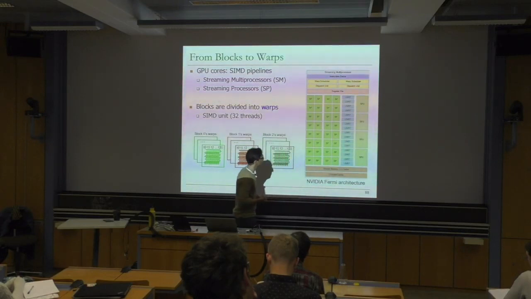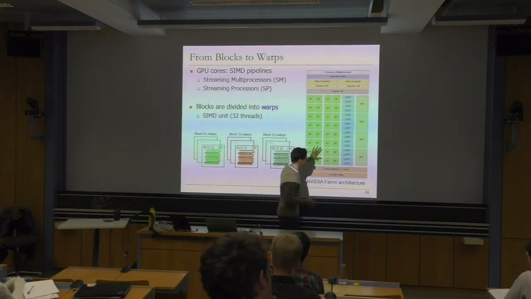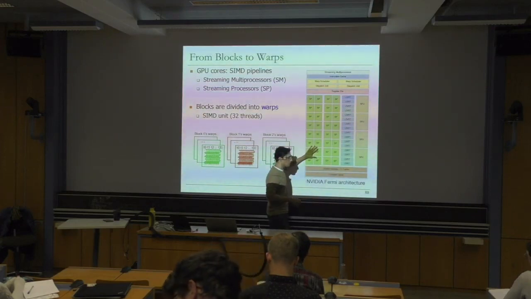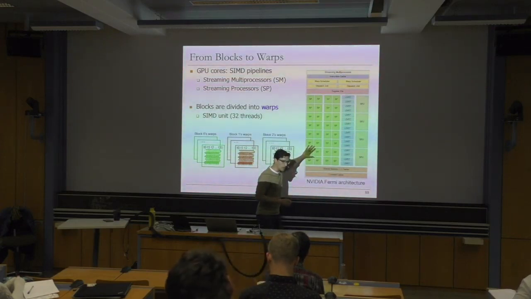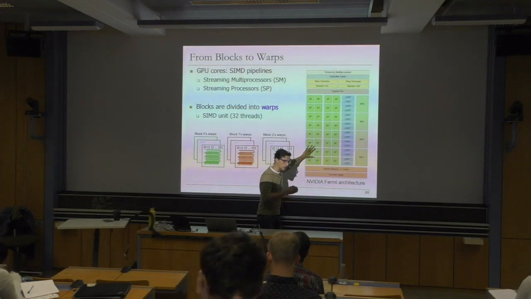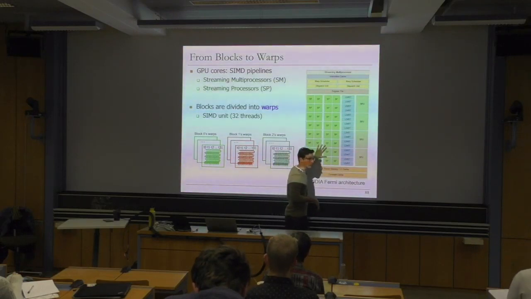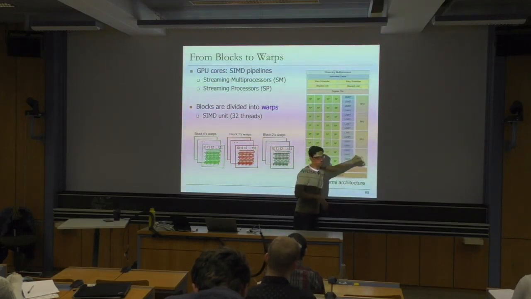So you see different types of units, and each of these is also able to execute different instructions. So to some extent they are like array processors and vector processors.